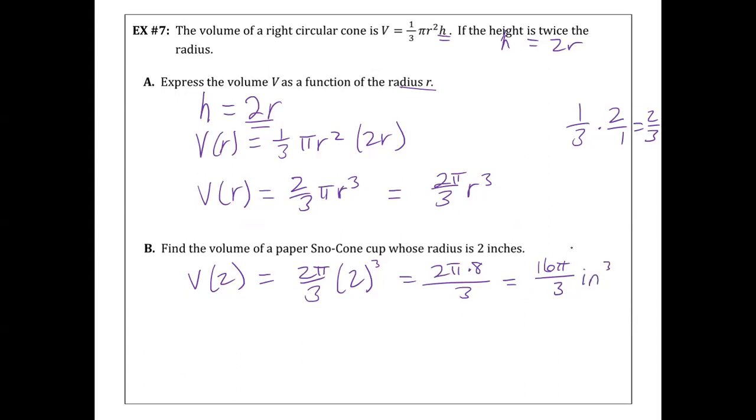If it asks you if this is an option, awesome, stop here. If it's not an option or it says to round, then put that whole thing in the calculator. Does that make sense? Yeah. So if I put that whole thing in the calculator, the approximate value would be 16.755 inches cubed.